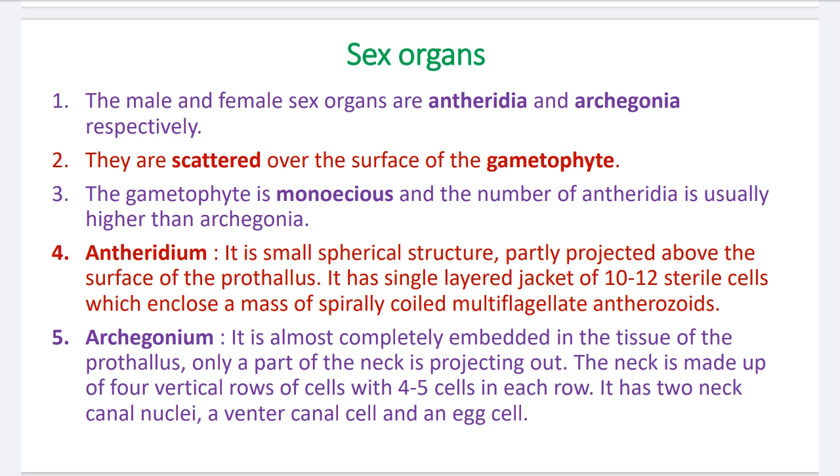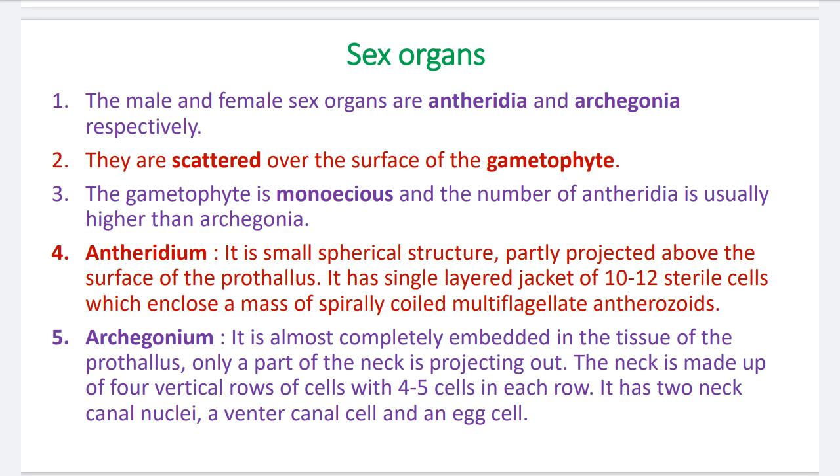In the dioecious condition, the male prothallus is different and the female prothallus is different. The male prothallus produces antheridia and the female prothallus produces archegonia. But in Psilotum, the gametophytic plant body is monoecious, so a single plant body produces antheridium as well as archegonium.